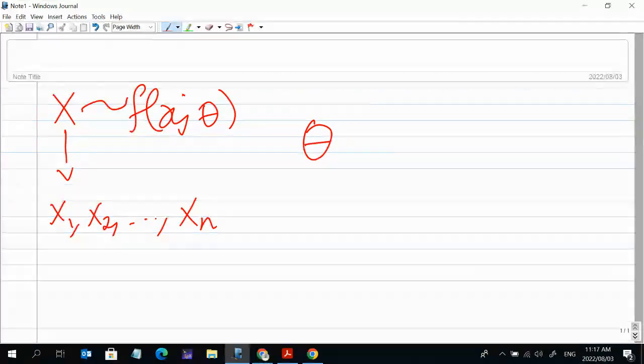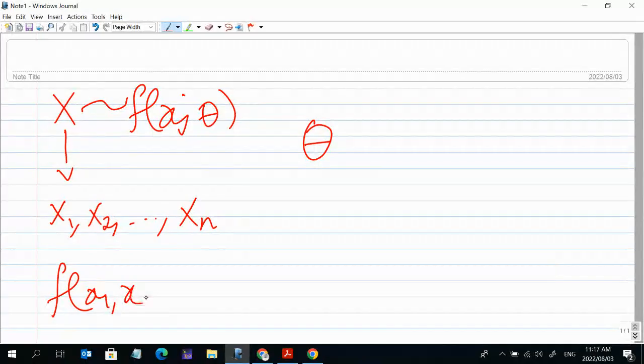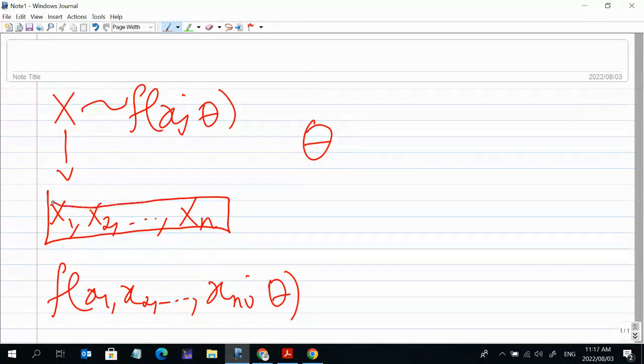Now we want the likelihood function, and the definition says the likelihood function is nothing but the joint function of these random variables. The joint function of these variables is f of x1, x2 to xn, with parameter theta. We know that these variables are independent.